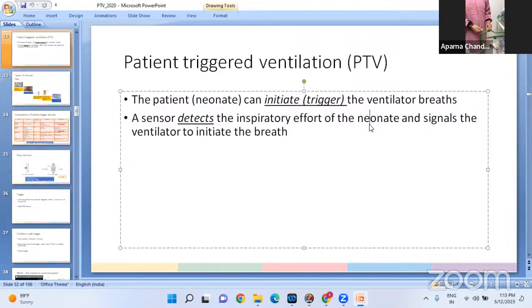To prevent this, and also to ensure ongoing heating of the gas to an additional 1 to 2 degrees Celsius higher temperature, the heater wire is present. So that in the distal part of the inspiratory circuit, even if there is no heater wire and there is a drop in temperature, still the patient will get the ventilatory gases at the body temperature, which is 37 degrees. That's why there is a heater wire present here.